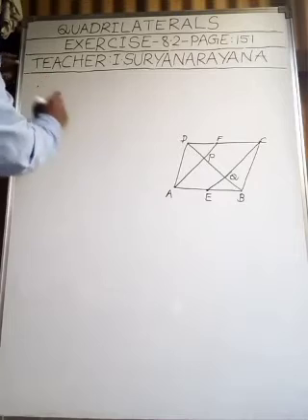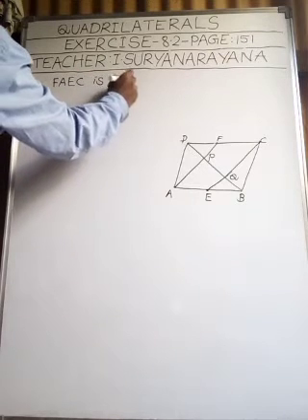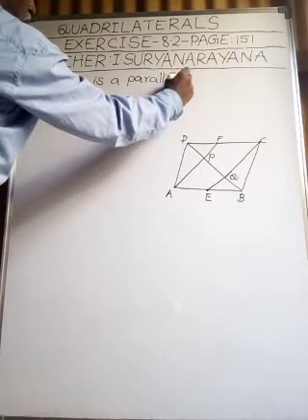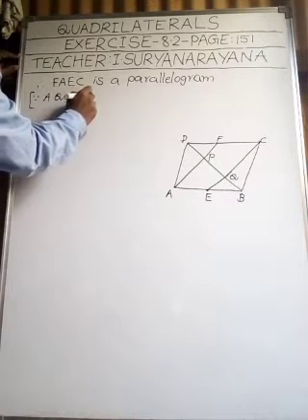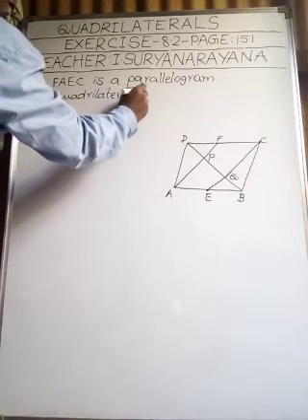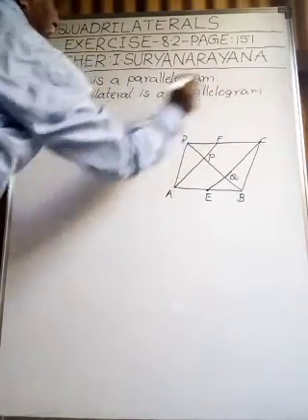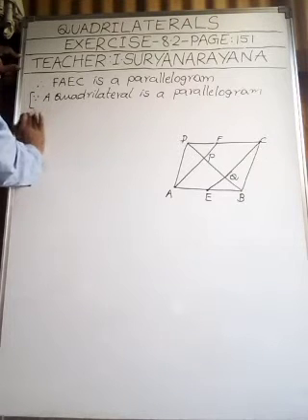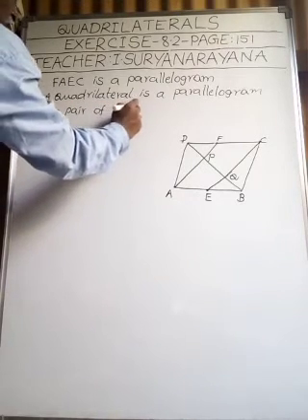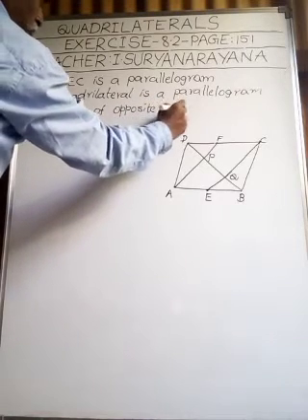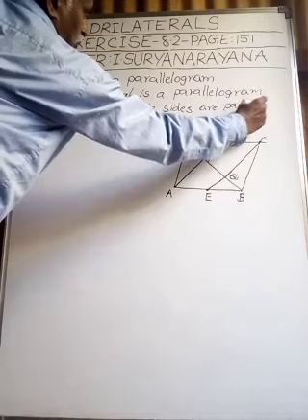Therefore, FAEC is a parallelogram. Because a quadrilateral is a parallelogram if a pair of opposite sides are parallel and equal.